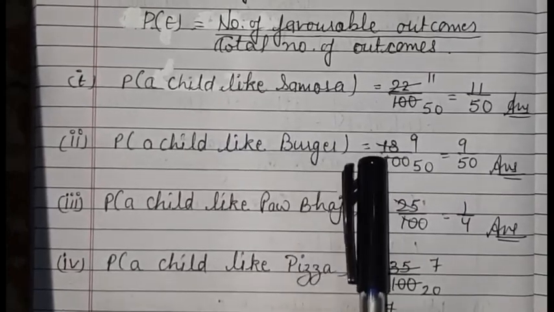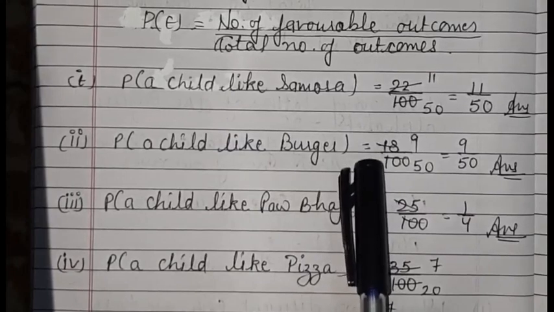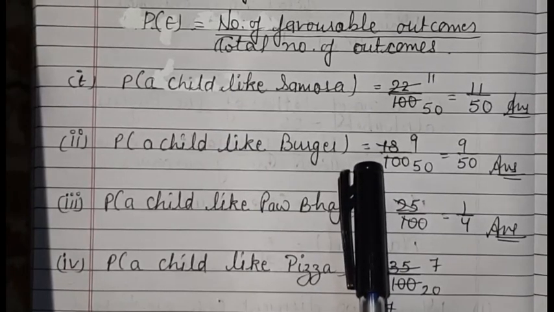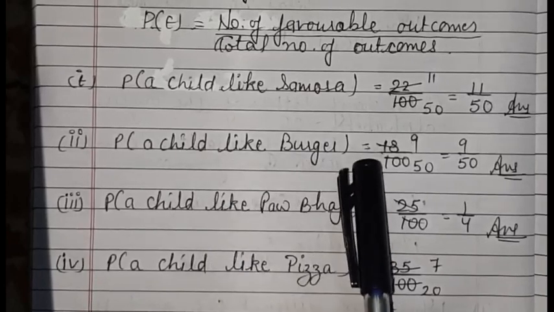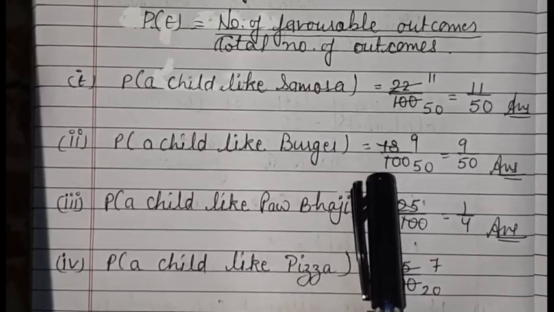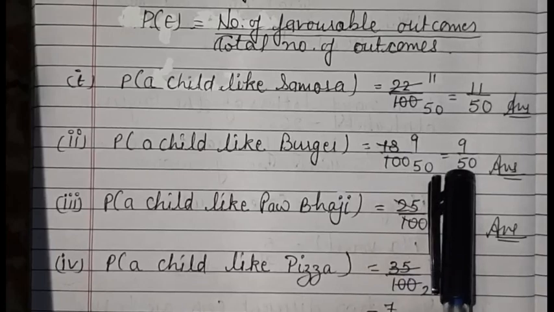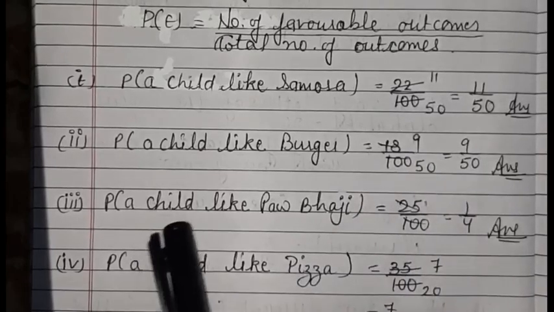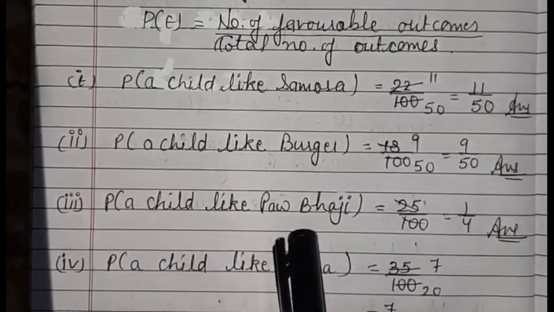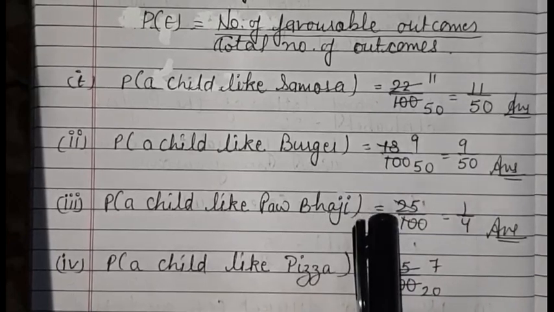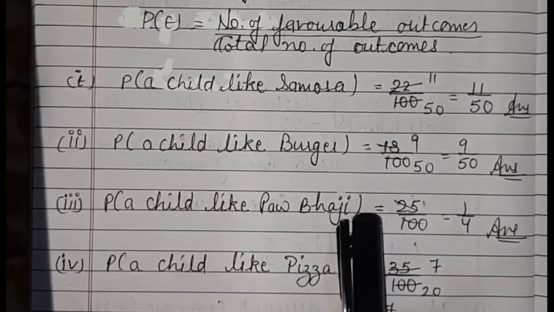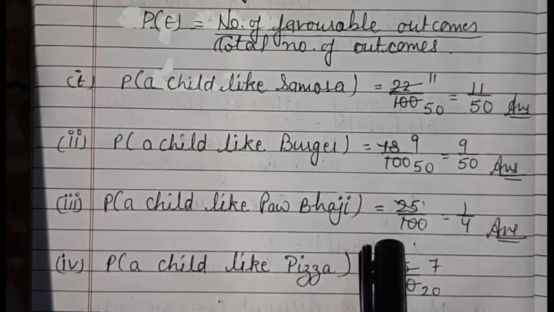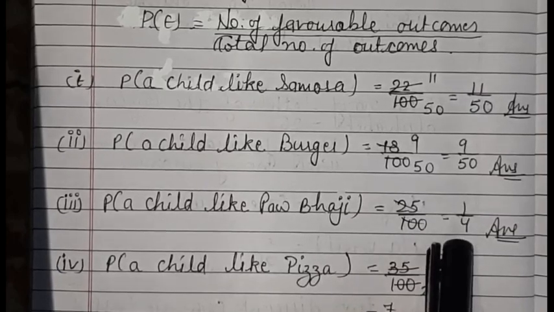There are 18 children who like burgers. Right? So the probability that a child likes burger is equal to 18 by 100, which is 9 by 50. Right? Then the probability that a child likes pav bhaji. There are 25 children who like pav bhaji. So the probability is 25 by 100, which is 1 by 4.